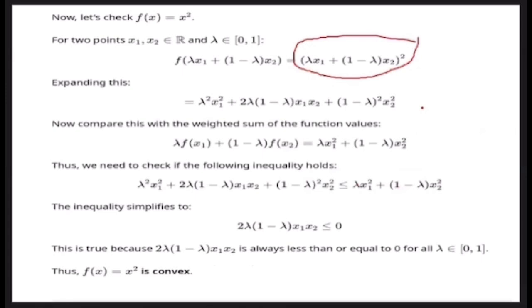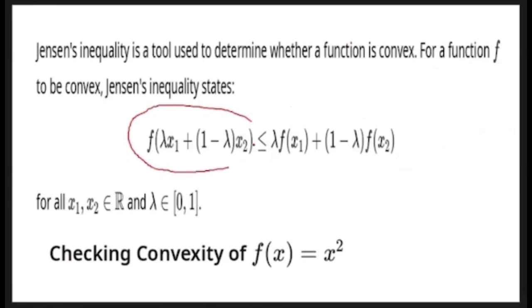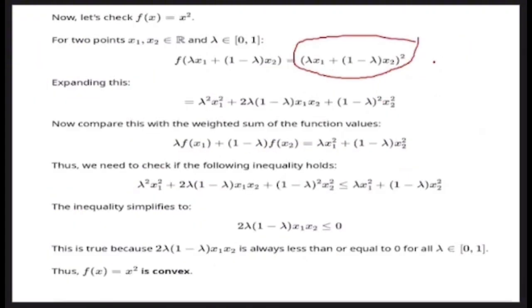Now, when you take a look at that, the whole of this guy is more or less like f of x. Please pay attention. The whole of that is more or less like f of x. If I want to square that, because f of s equal to s squared, you're going to see what has happened. Lambda x1 plus 1 minus lambda x2, all squared.